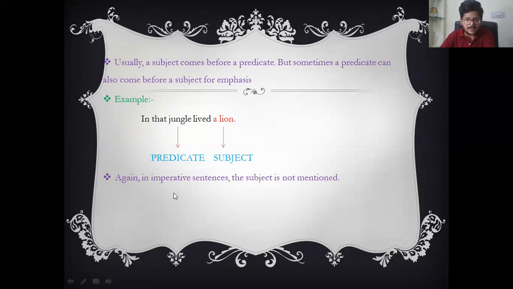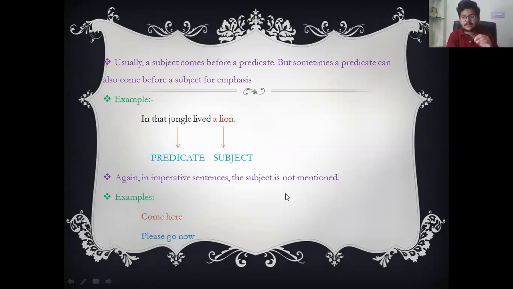Again, in imperative sentences, the subject is not mentioned. Like we have studied that there are two types of imperative sentence, one is command and one is request. In sentences of command, you cannot see a clear demarcation between the subject and the predicate. Like examples, come here, please go now.